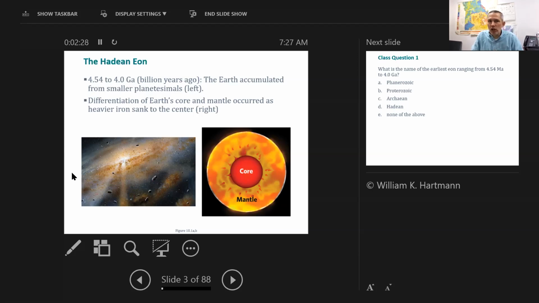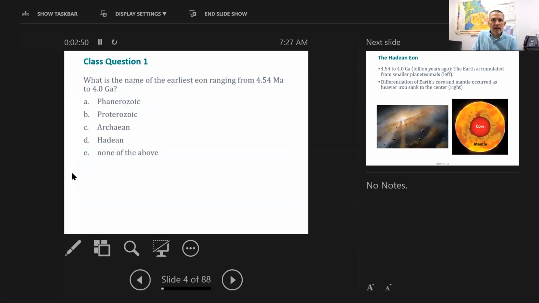We use that G to represent Ga for billion years ago, if you see that in your text. The Earth accumulated small planetesimals, those little bits of material that are accruing, and once you get large enough, heavier materials would sink towards the center. We call this the Hadean eon.